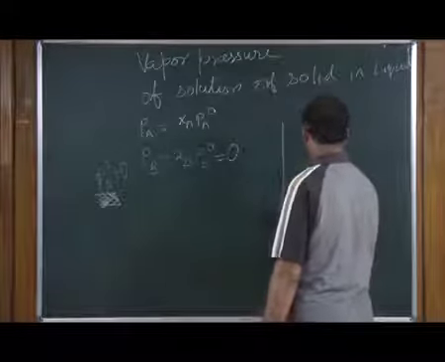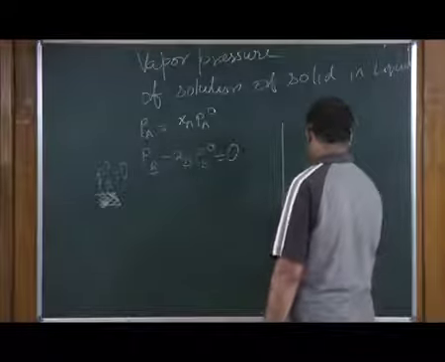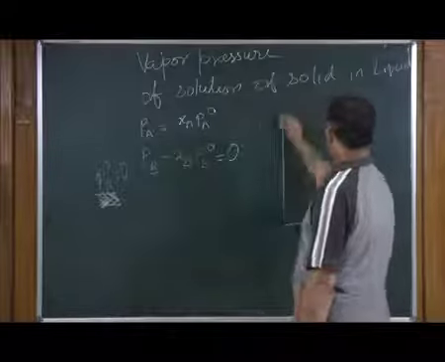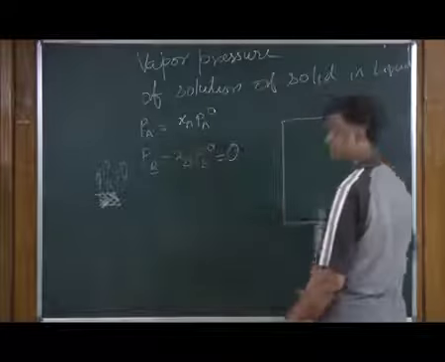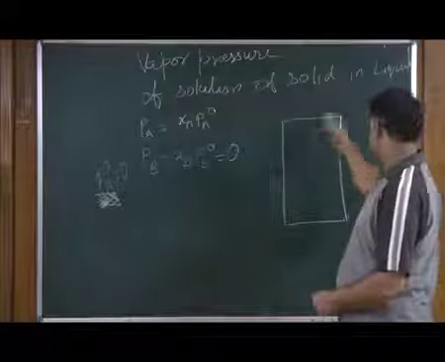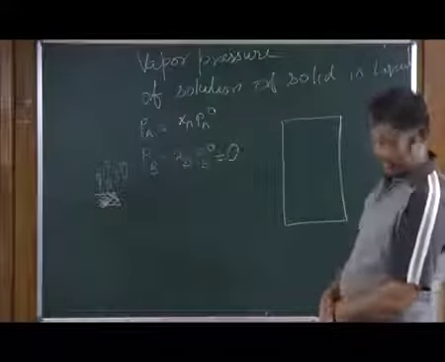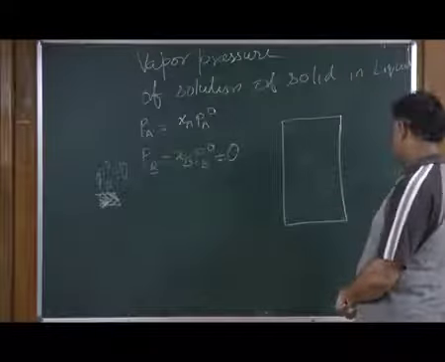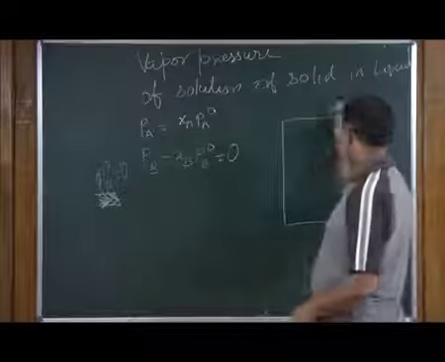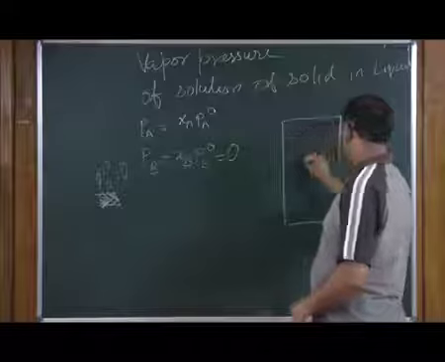And this can also be understood by the following diagram. We have pure solvent in a closed evacuated flask. In this flask we have only this solvent A, and it is going to evaporate and fill up this whole space.